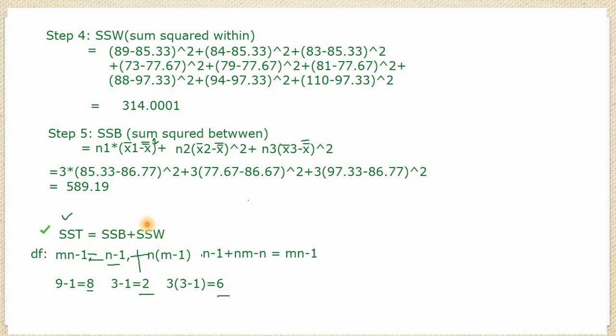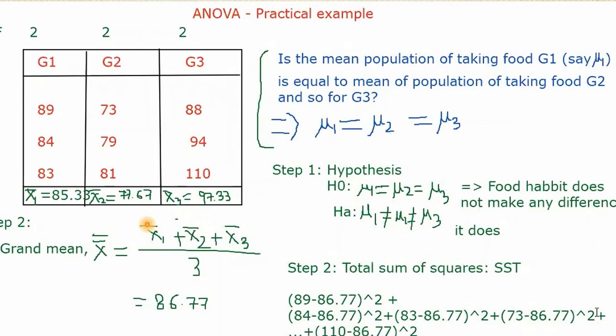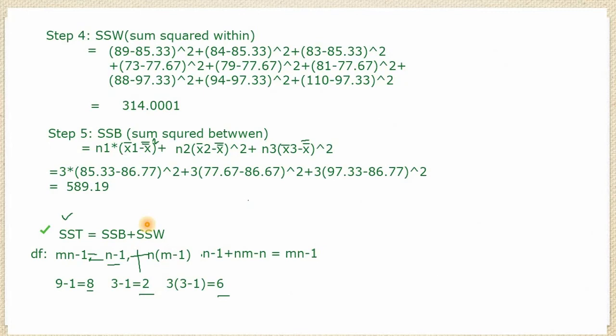And also the degree of freedom for sum squared total, you find it as mn minus 1, where m is the number of samples, that is the number of groups, and n is the number of items in each sample. So mn minus 1 is 3 into 3 minus 1, in this case 8, right?